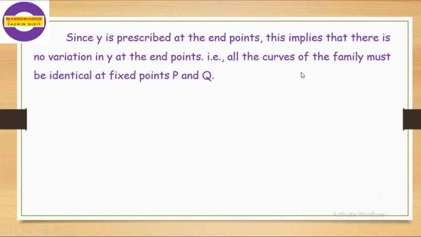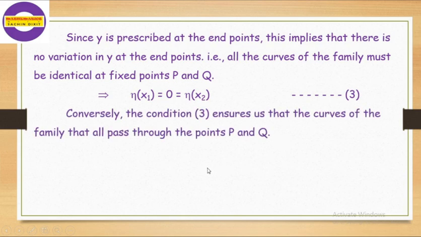That means all the curves of the family must be identical at fixed points P and Q. Therefore, eta of x1 equals 0 equals eta of x2. Equation number 3. Conversely, the condition in equation 3 ensures that all the curves of the family pass through the points P and Q.